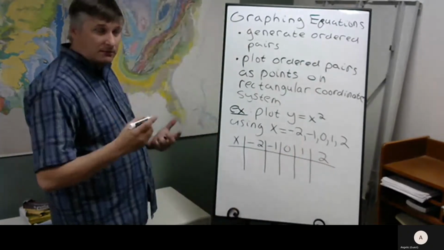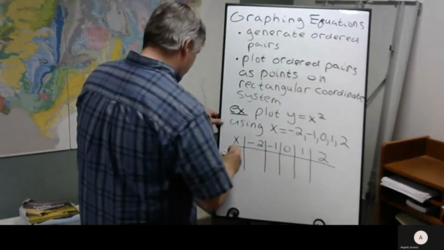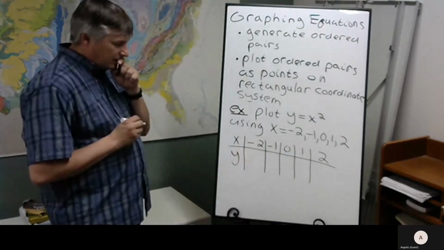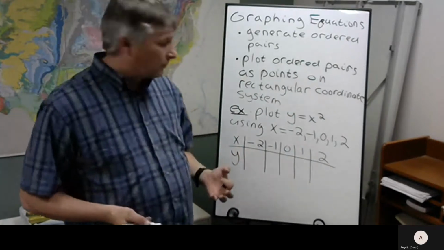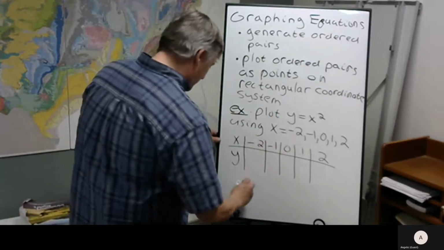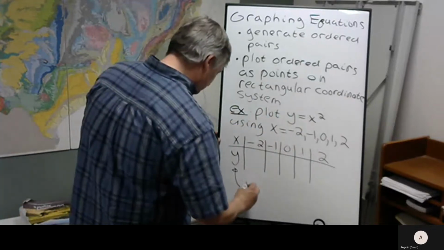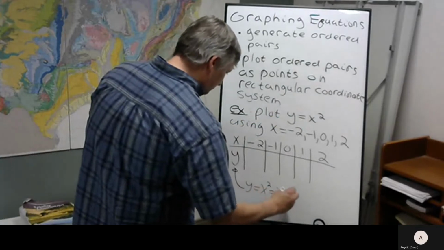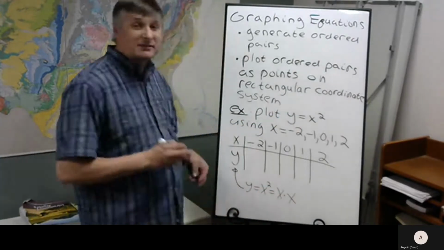And then paired up, we're going to have our y. Now we want to remember what y stands for. y is x squared. So that we don't want to forget. x times x.